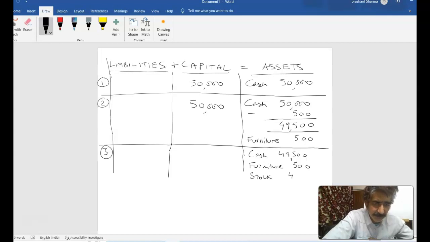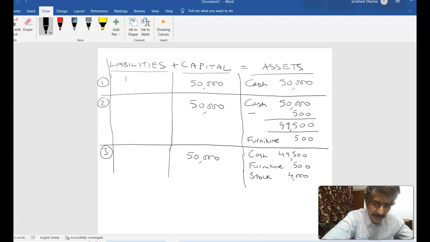Okay, so we have purchased it for 4,000 children, which has value. Obviously stock of goods has value, and anything of value is your asset. Okay, hence on the asset side I have shown a new asset by the name of stock, rupees 4,000. Capital remains the same at 50,000, and as we have purchased on credit these goods, so a liability has been created, but in the question the name of the supplier is not given.